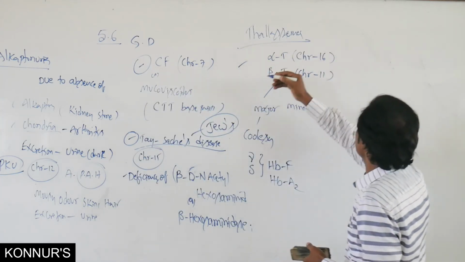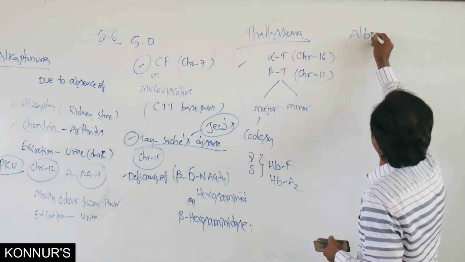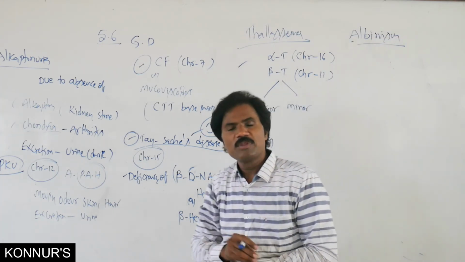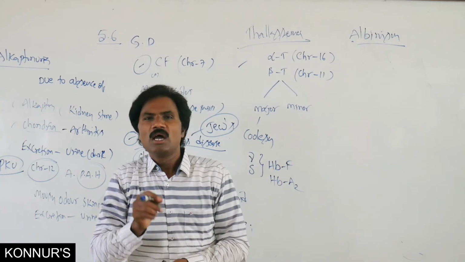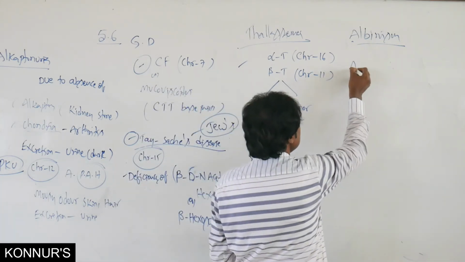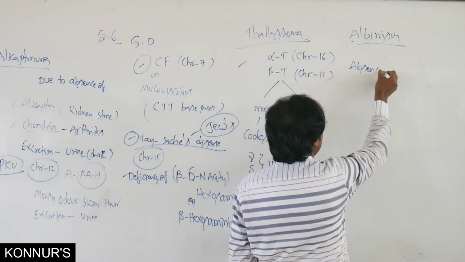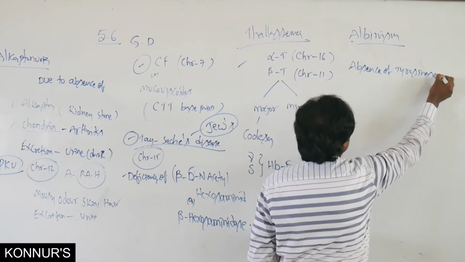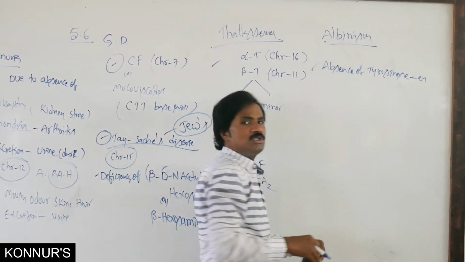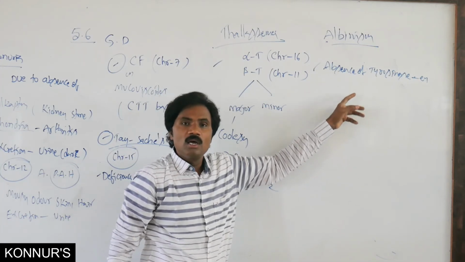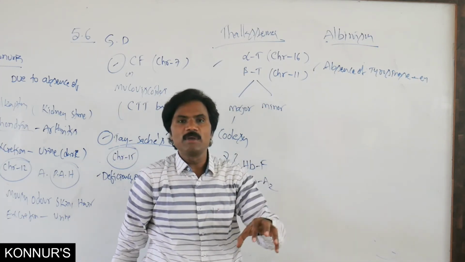That is thalassemia. Then albinism. The name itself represents tyrosinase, the absence of the tyrosinase enzyme. Normally this enzyme is helpful, indirectly, for production of melanin pigment.